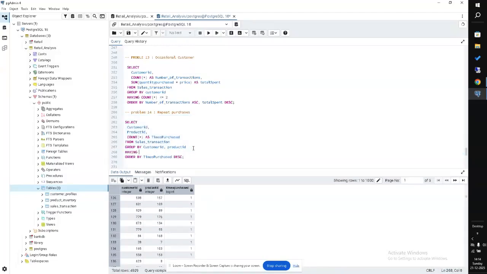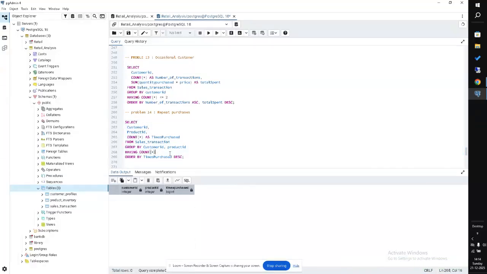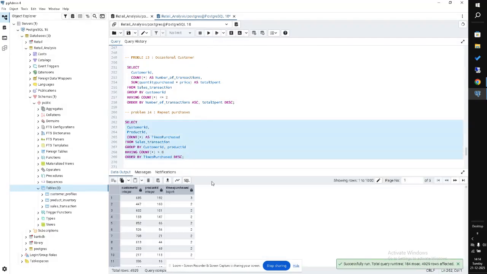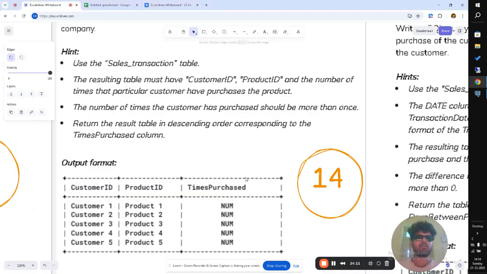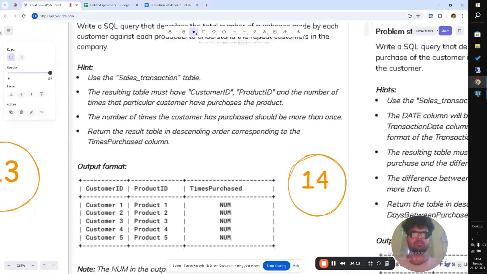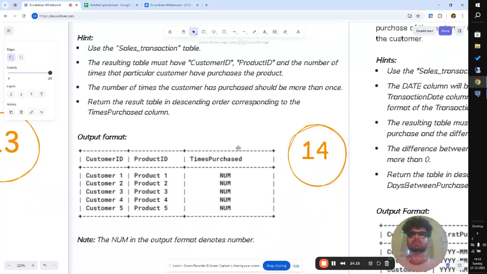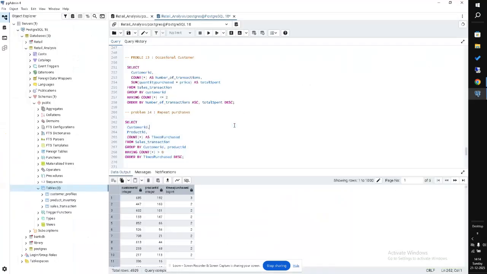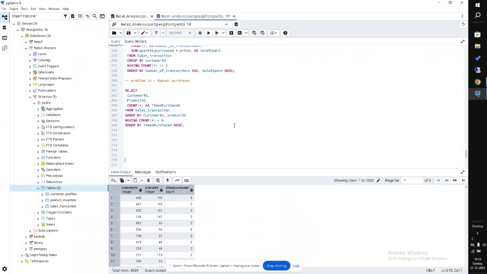Let's see. So not needed, but greater than 0. Nice. Okay, we solved this one also, with the descending order. Now we are solving question number 15.